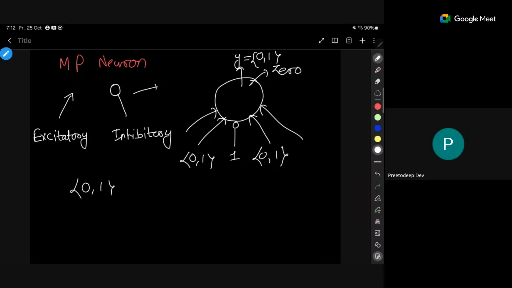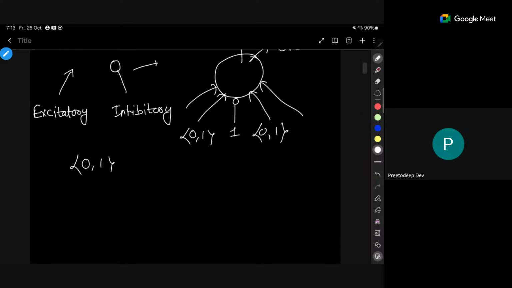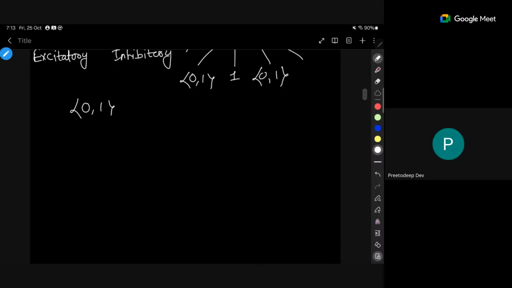So if any inhibitory input is on, you'll get 0 output. For the rest, you have to figure out the threshold.